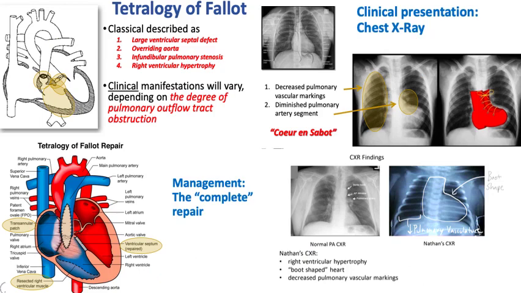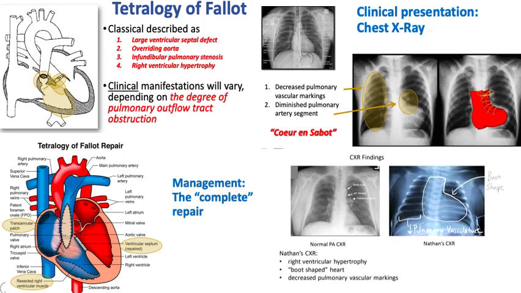Yeah, this is what is tetralogy of Fallot, which can be asked as a clinical question for you. So it has 4 features. Number 1 is a very large ventricular septal defect, and there is overriding of the aorta that is seen, and infundibular pulmonary stenosis, that is at the conus cordis.